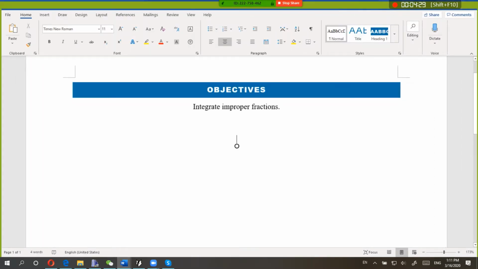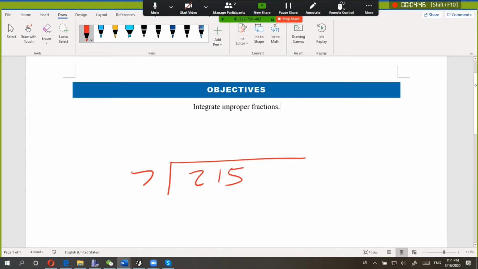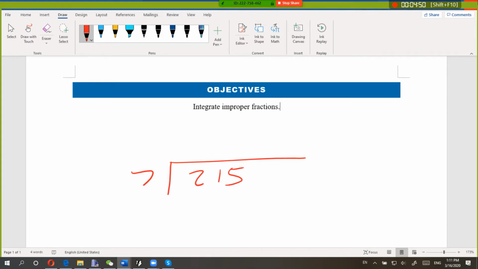Okay, then new stuff for today, which before I get into, I'm going to jump back to some pre-calc. If I wanted to divide 215 by 7, I could start to split this up.